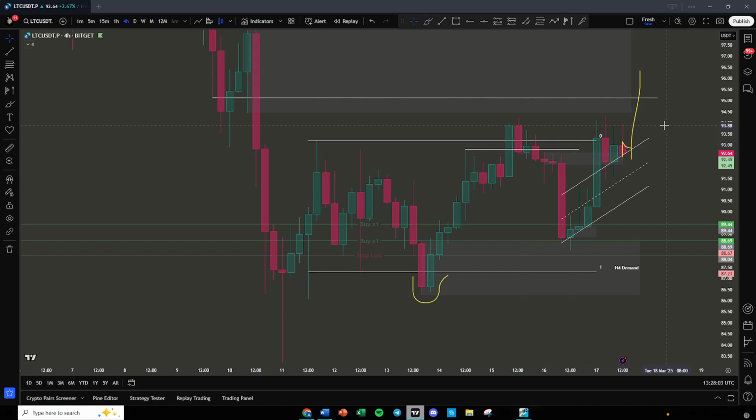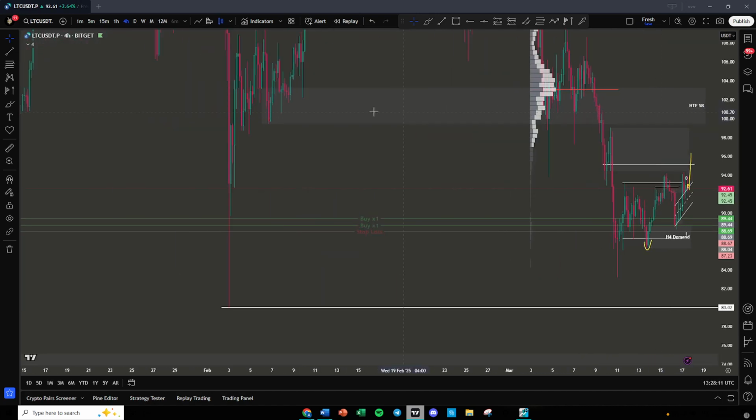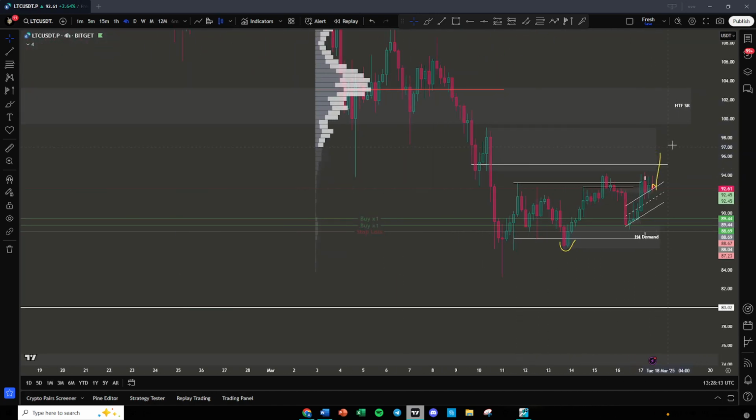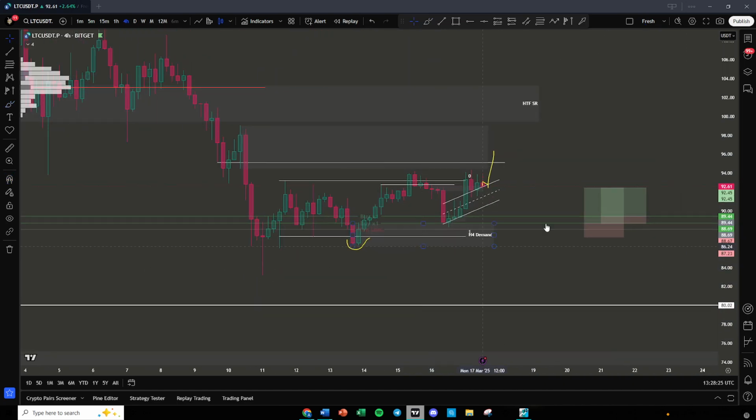For Litecoin in general now, it could have a squeeze up into here, which is a higher time frame resistance. Next time to do business, either short somewhere here if it gives me a trigger, or long here. Not really interested in Litecoin for the medium term, if I'm being honest.